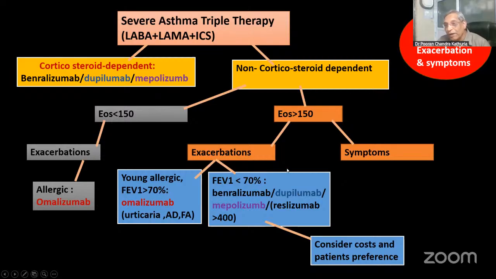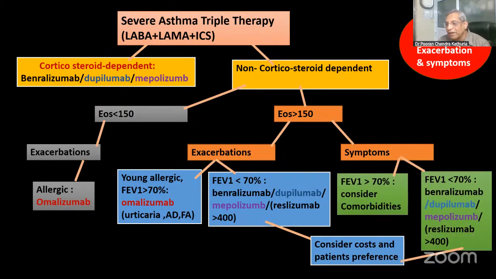Then we go for the FEV1 lung function. If FEV1 is more than 70 and exacerbations are fewer, and the patient has comorbidities like urticaria or food allergy, still the choice is omalizumab. But if the FEV1 is less than 70%, then the choice is M for mepolizumab, B for benralizumab, and D for dupilumab. TEGI is there, but we are not discussing it. It has not been indicated.